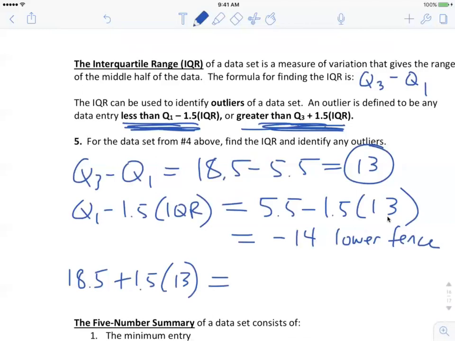So 18.5 plus 1.5 times 13 in my calculator is 38. That's the upper fence. Anything above 38 will be a potential outlier.